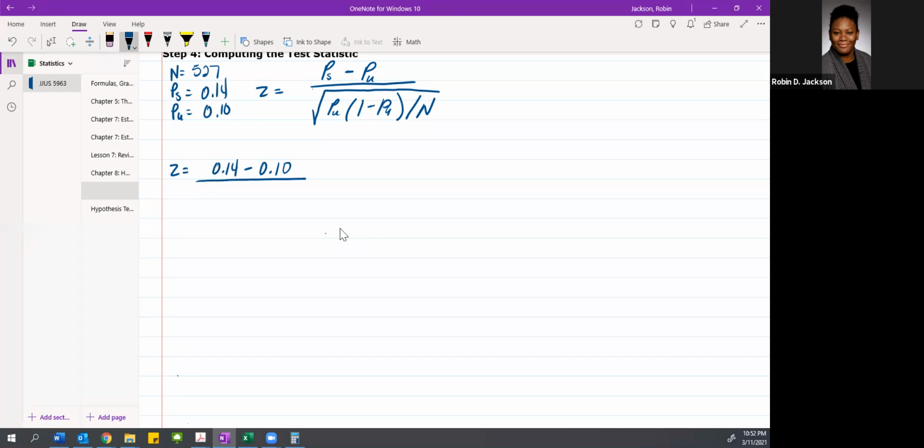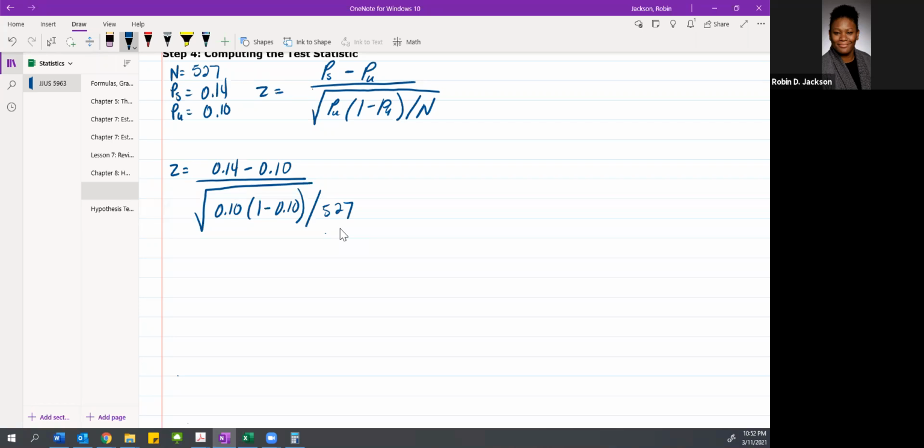That's going to be divided by, we're going to do all of this underneath that. So that population proportion again is 0.10. It's going to be multiplied by 1 minus the population proportion, so 0.10. And then all of that gets divided by 527, which is the number.